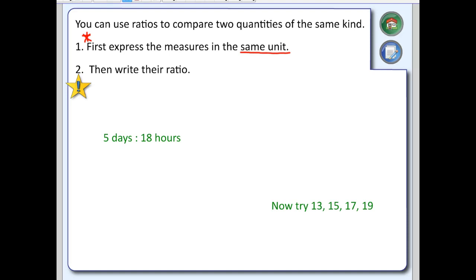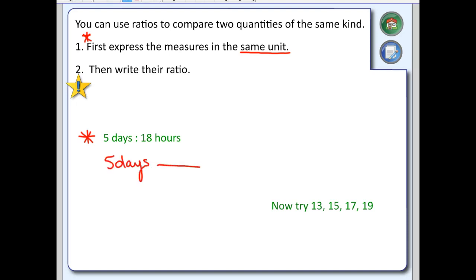If I look at our first problem here, I've got 5 days to 18 hours. Now the problem there is they are not the same unit. So which one is it going to be easier to convert to? Yeah, that's right. I'm going to change 5 days to hours.